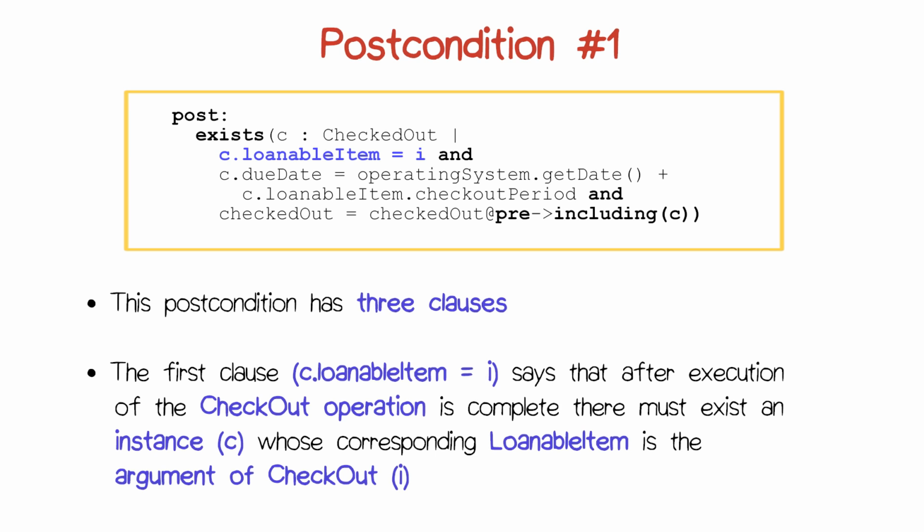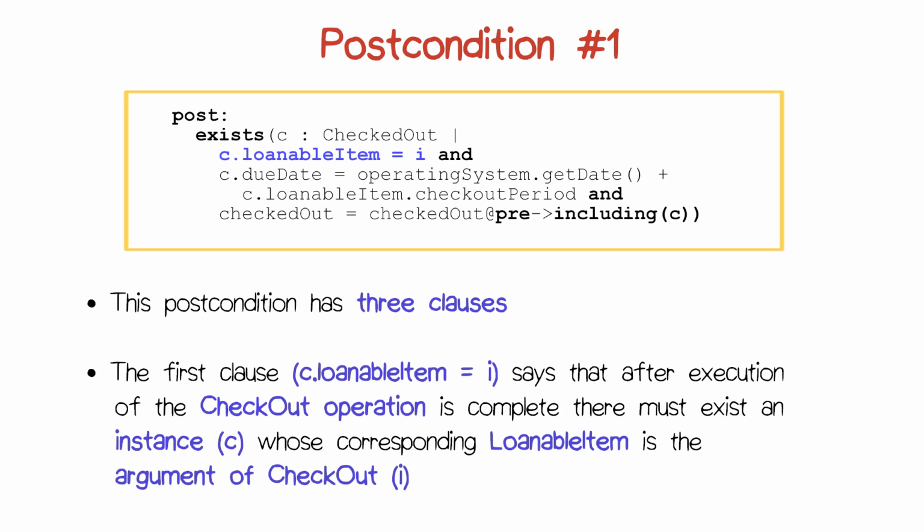Okay, and the third, so that says there must exist this new item, and it had also better be the case that the checked out association itself must have a new item in it. The way we do that in either first order logic or in OCL is to make a statement of equality between the state that existed before the checkout operation and the state that existed afterwards.